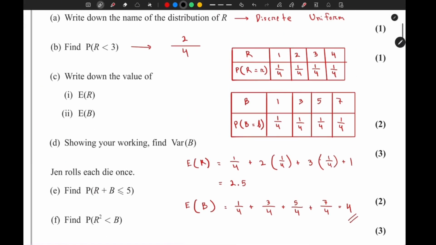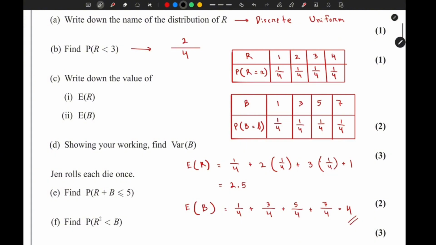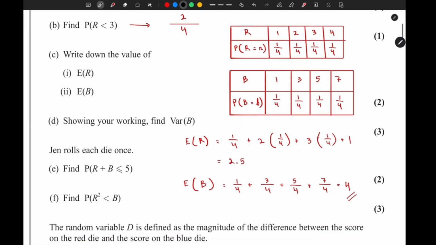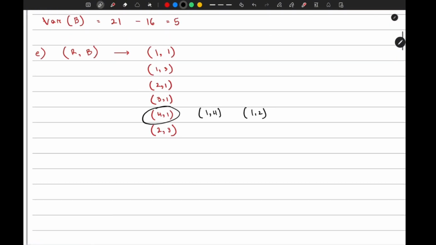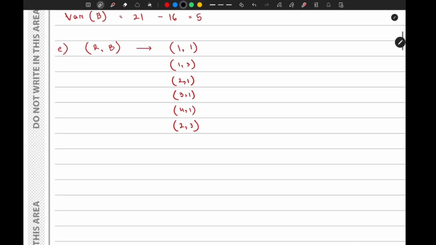But as you can see, there is no 4 on the blue die. And the second roll must be the blue die, because the first one is red and the second one is blue. So these are the only possible combinations for the first one to be red and the second one to be blue.